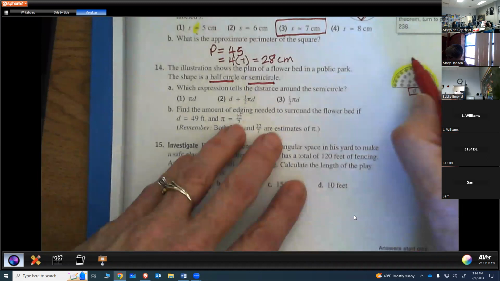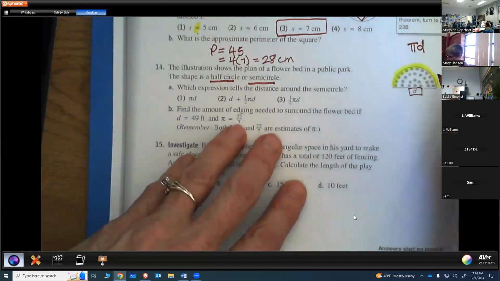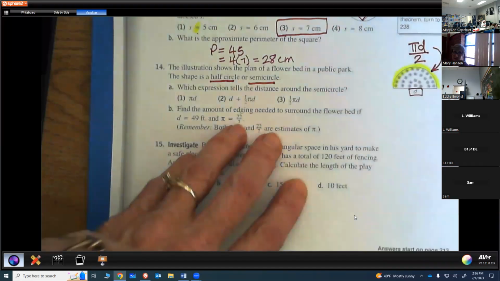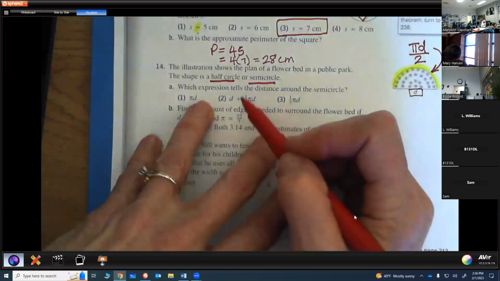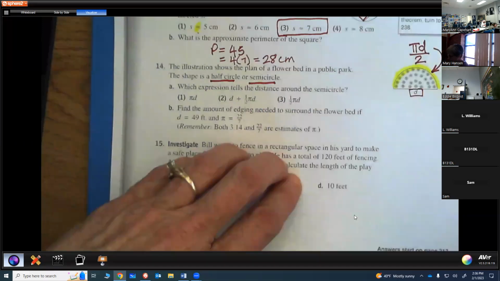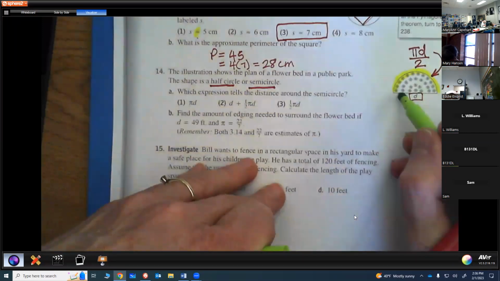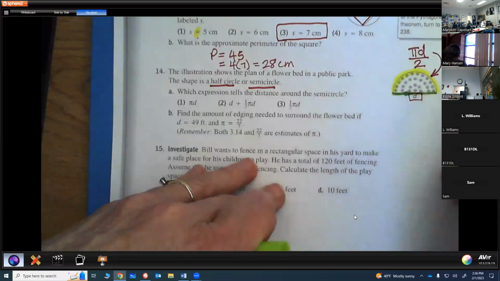So the yellow part, if we took the formula for circumference and divided it by 2, would you agree that would give us the yellow distance? Yes. Okay, so we've got the yellow distance, but we are trying to find the distance around the semicircle, which means, I think this problem is implying, if we're going to fence this, we're going to have to fence this part too.